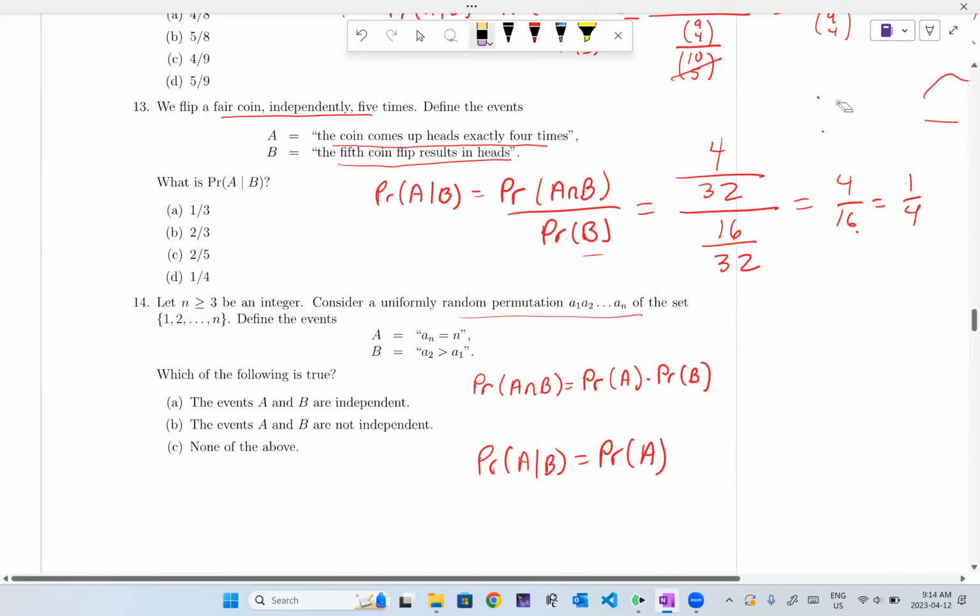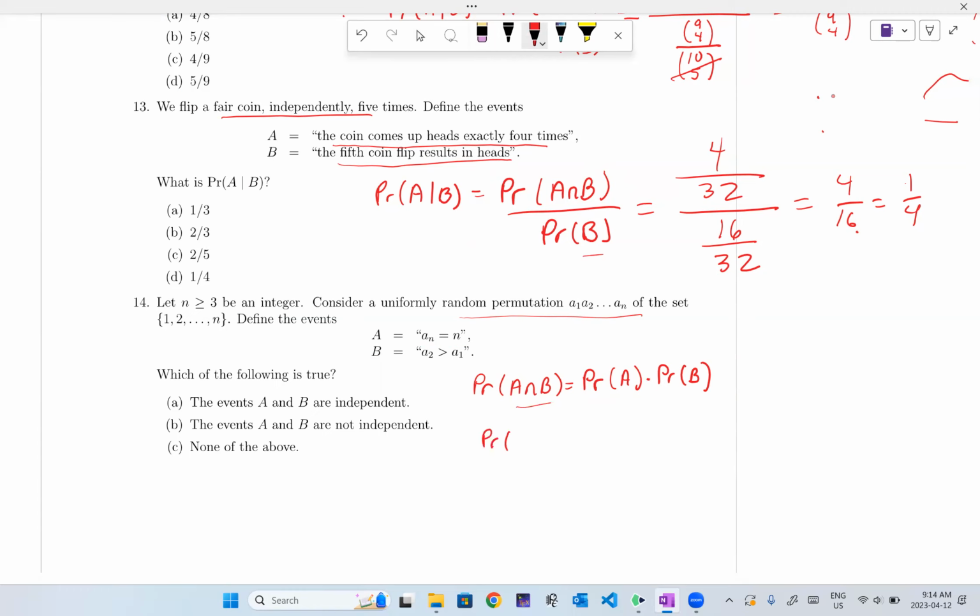Okay, so what we want is the probability of A and the probability of B, and then the probability of these two. So the probability of A is equal to, well, A_n is equal to n. Well, we know the probability of B, right? We talked about that. We even said it's, by symmetry, a half.